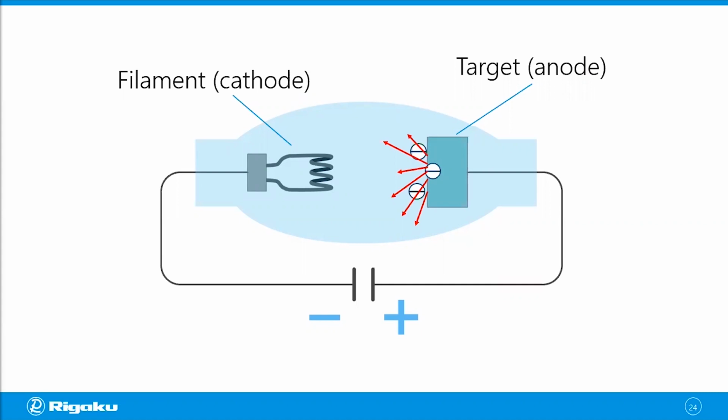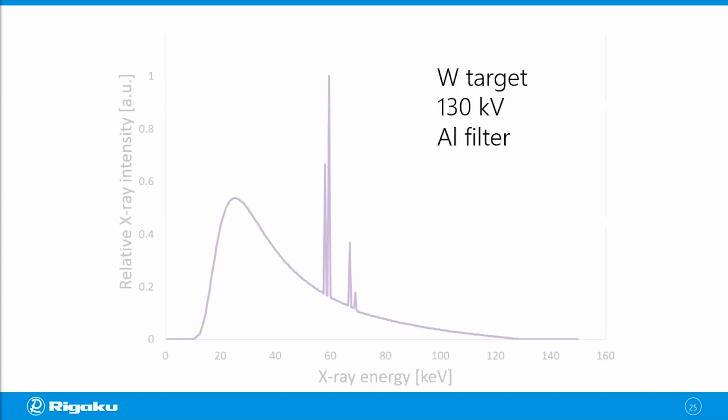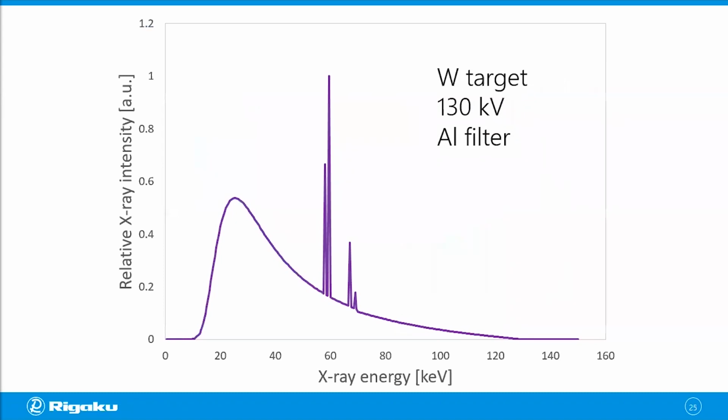So let's take a look at an example. If the target material is tungsten and you apply 130 kilovolt, or kV, and let's say we put a 1 millimeter thick aluminum filter, then the energy distribution would look like this. The x-axis is the X-ray energy, and the y-axis is the relative X-ray intensity.